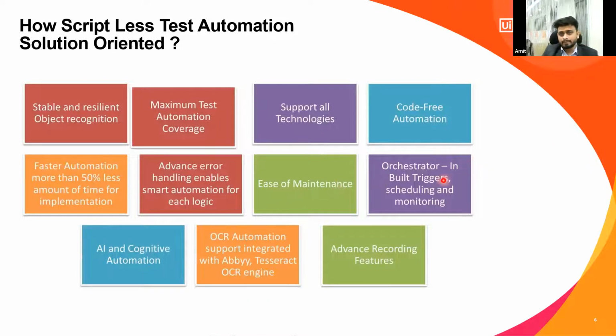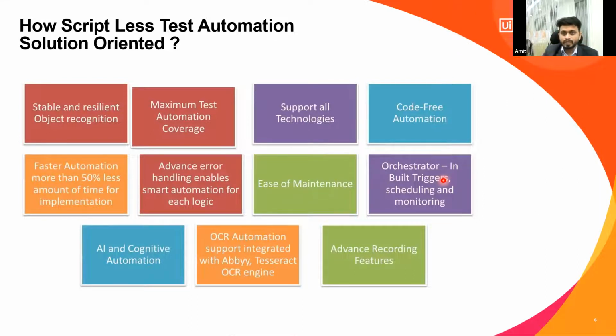And it has capabilities like orchestration, because whenever we deploy our test scripts for end-to-end executions, right? Somewhere we need to monitor, somewhere we need to check the logs without going to the particular test automation execution machine, right? So there is one platform where we can schedule the jobs, where we can see the logs, which test cases fail or pass, and why they are failing.